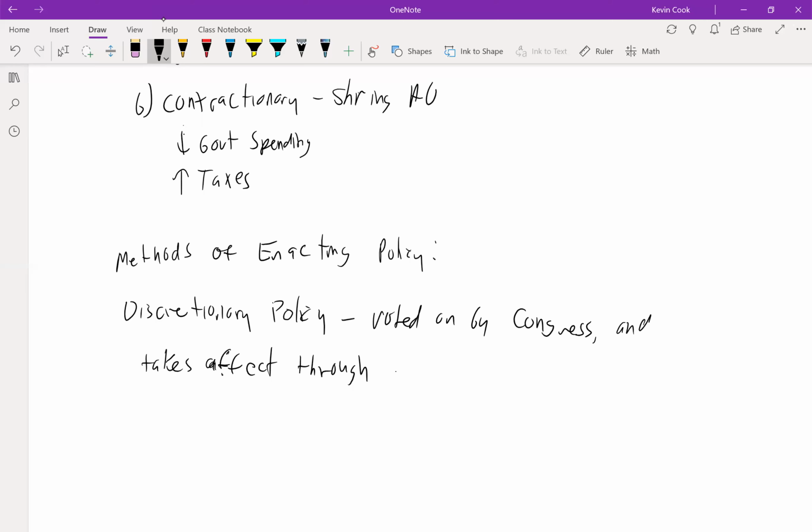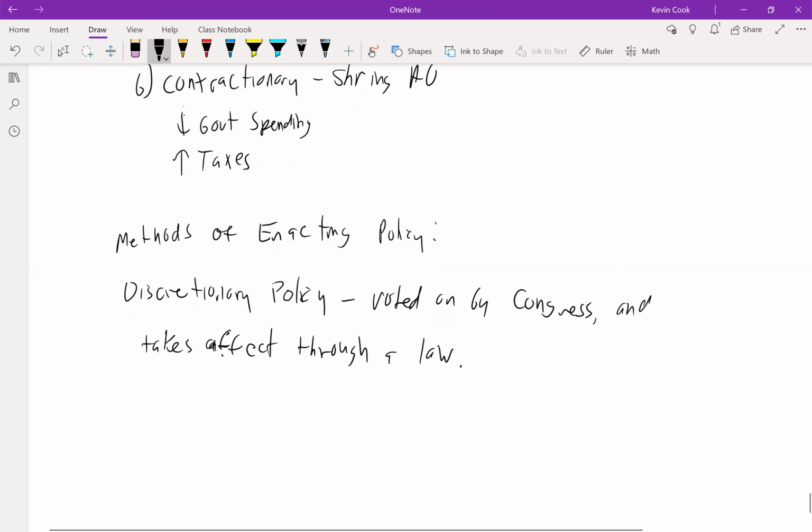So in the case of the stimulus package, that was discretionary spending. The government said, "Hey, we need to pump some money into the system." So they passed that stimulus package, it went through the House, the Senate, and then got signed and became law.